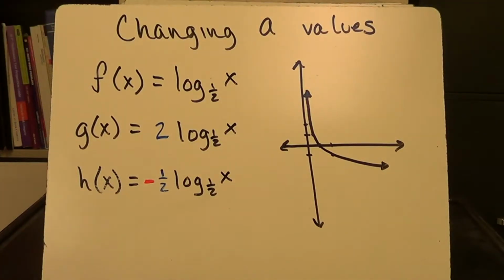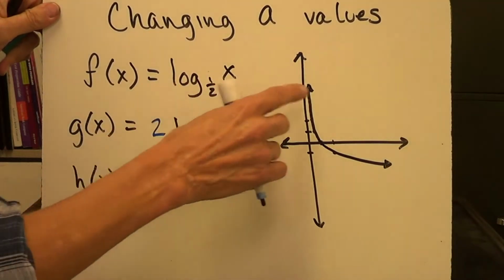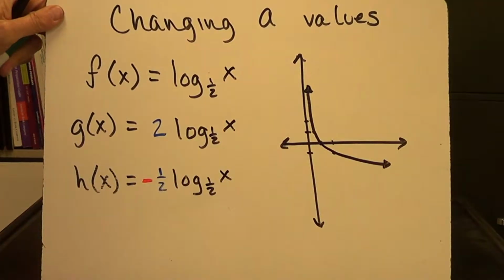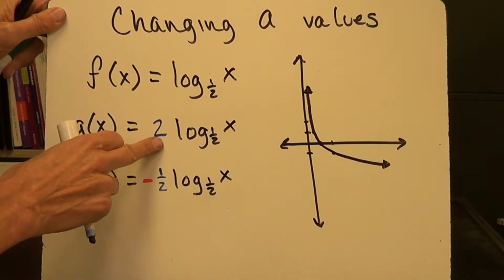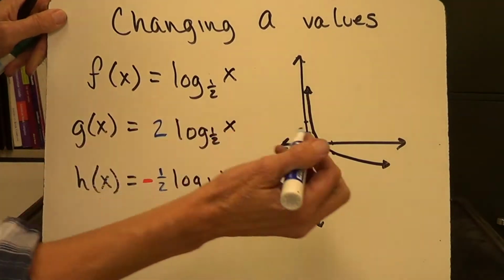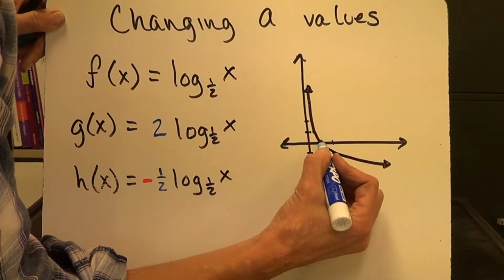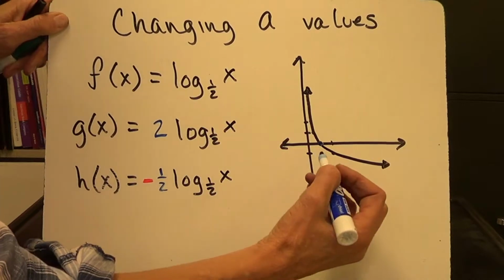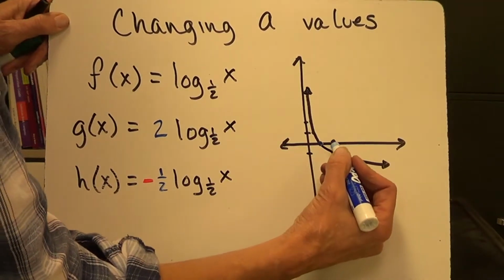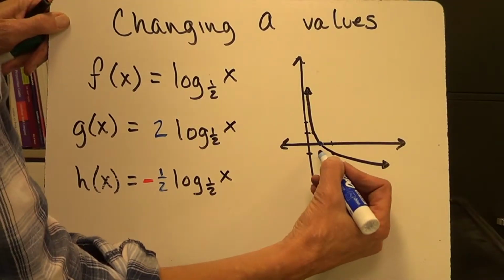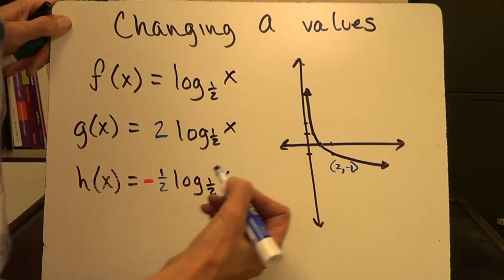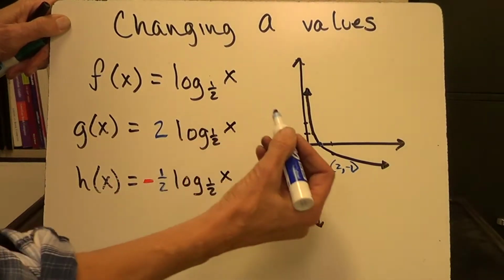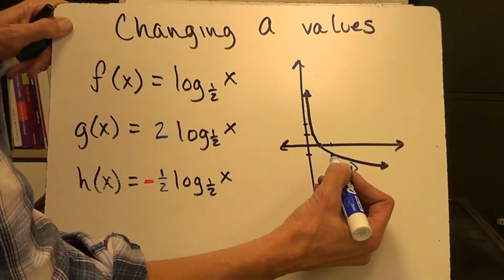Okay, now we're going to look at the A values. My parent function I've already graphed here, the log 1/2 x. There it's going. Okay. Now I'm going to stretch it by 2. So with a stretch by 2, I still cross at 1, 0. But here in the original, where it was 2, -1, now I'm going to actually do a multiplication of that distance.